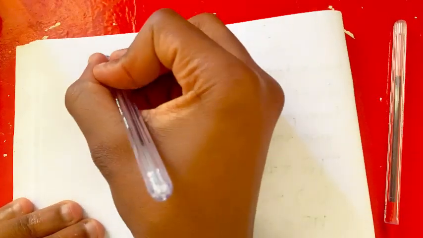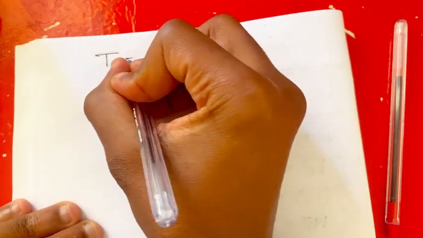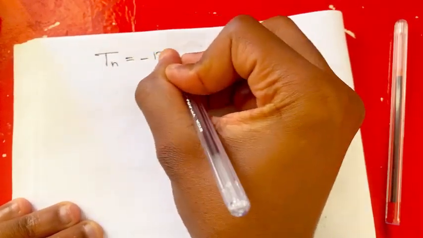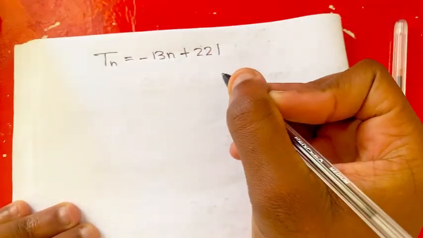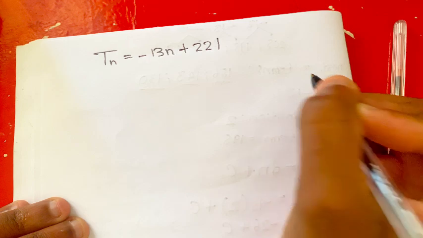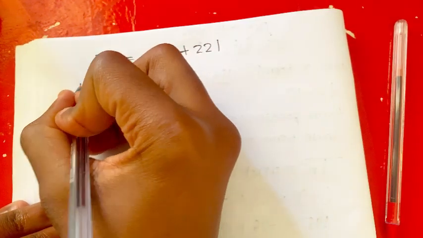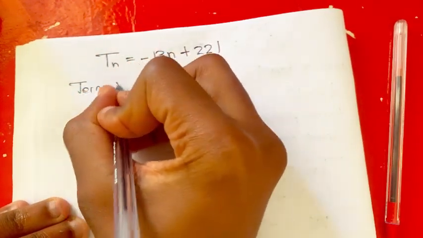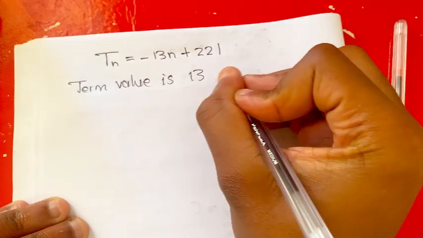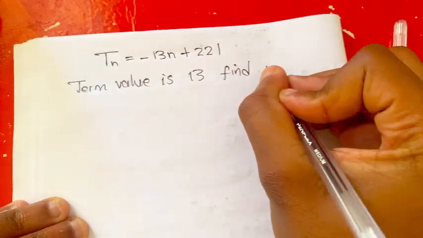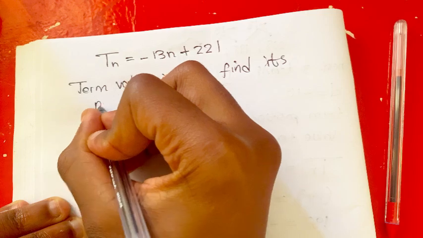The last thing they can ask you is to find the position in which the term is equal to 13. Now, they tell you that the term value is 13. Find its position.